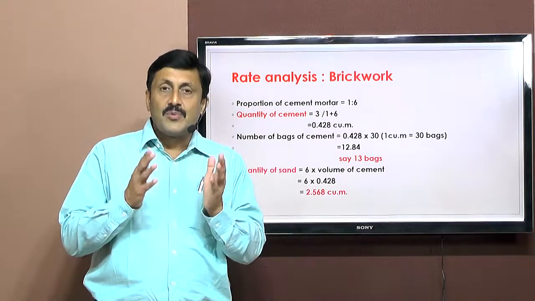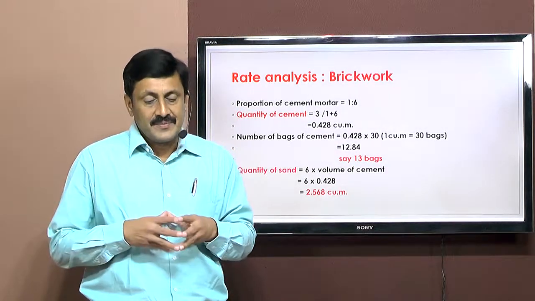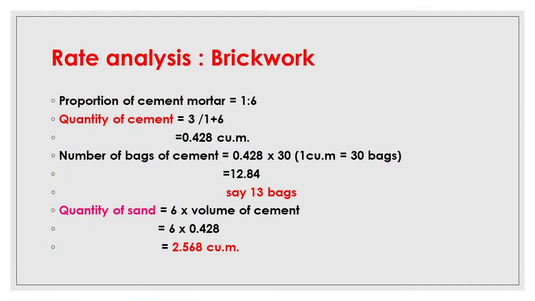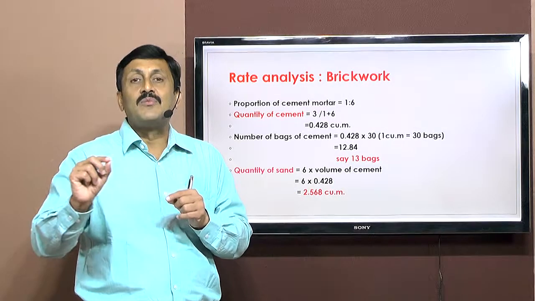So as you know, the proportion of cement mortar is 1:6. So quantity of cement is equal to 3 cubic meters, that is total volume of dry cement mortar, divided by 1 plus 6. Now why 1 plus 6? Because proportion is 1:6. If proportion is 1:5, you have to divide this 3 by 1 plus 5.